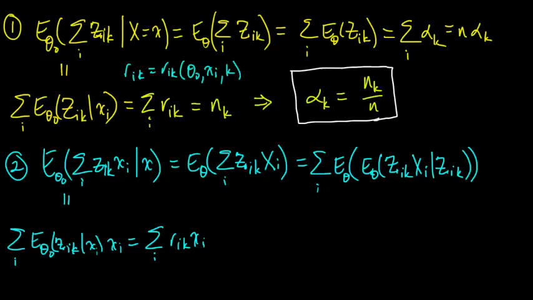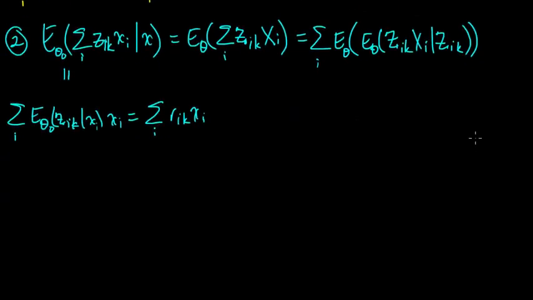Okay, so what is this? So let's figure out what's going on here. This conditional expectation, this expectation on the outside, it's the probability that zik equals 1 times the expectation here given zik equals 1, plus the probability that zik equals 0 times the conditional expectation given that zik equals 0. But given that zik equals 0, this is just 0.